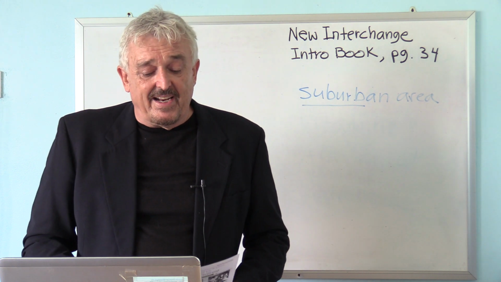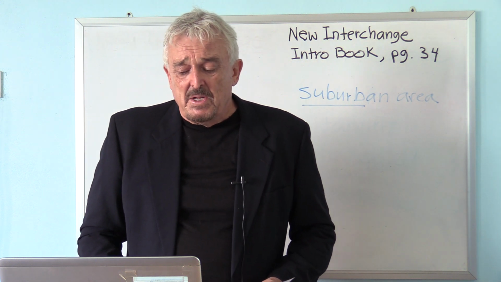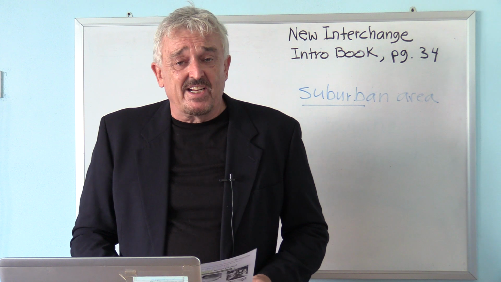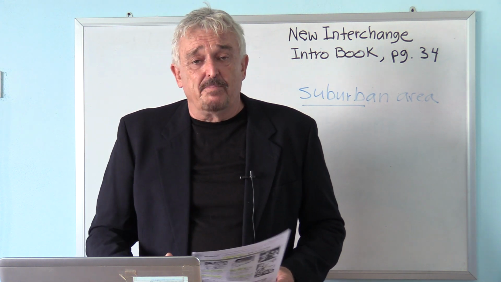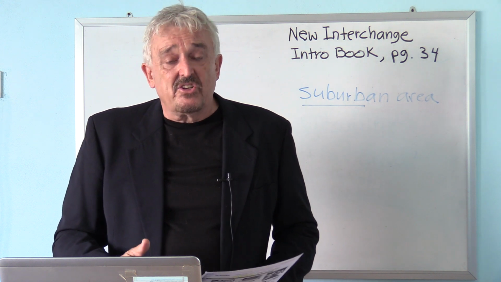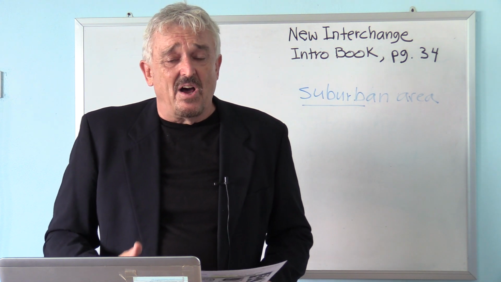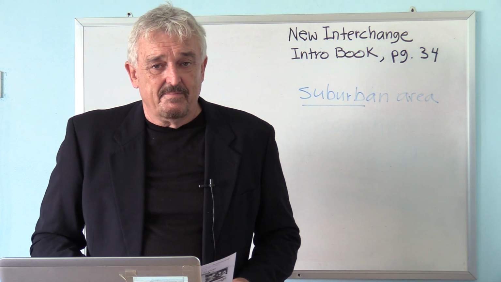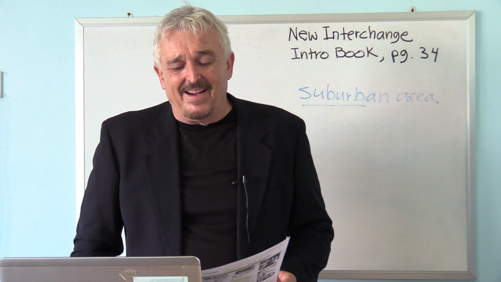The name of the city is Portland, and it's in the state of Oregon. Portland is the largest city in Oregon. Portland has a population of about 2 million people. Portland sits on the Columbia River. All right? Now you try to say it after me, all right?